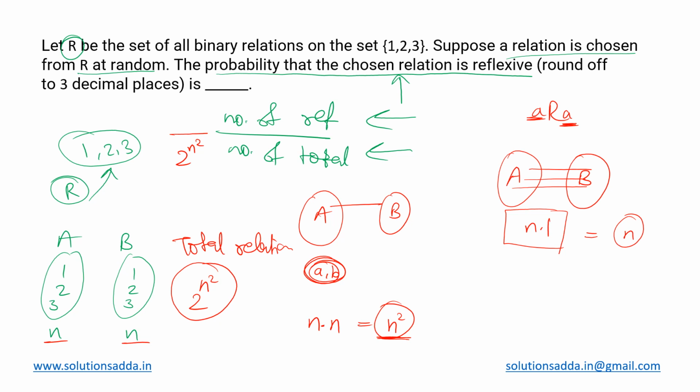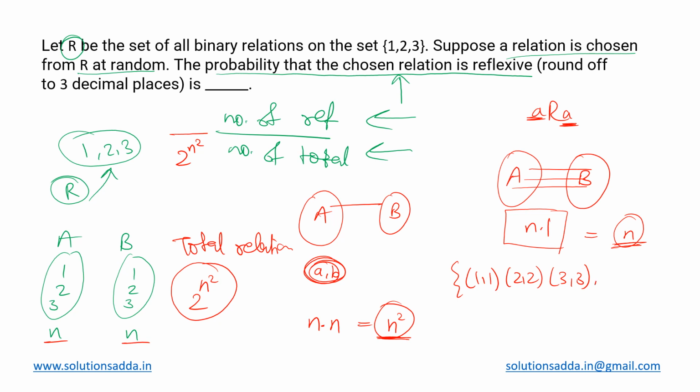We know that the property of reflexive relations is that all of these reflexive pairs have to be included for sure, which means let us say you have a relation like 1,1, 2,2, 3,3.